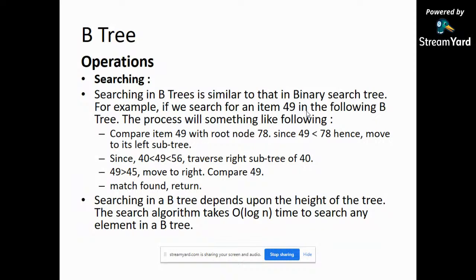Now the operations which we can perform on a B tree. First is searching. Searching in B trees is similar to that in a binary search tree. For example, if we search for an item 49 in the following B tree, the process will be something like the following.